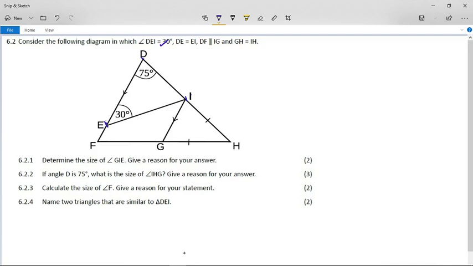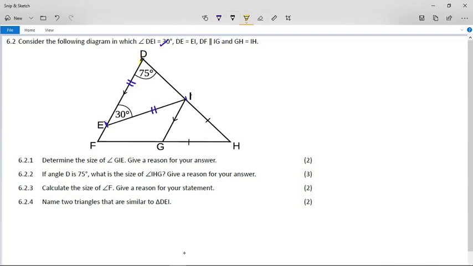So now nowhere here is it marked that these two are the same length. So it helps to make your little markings here to say, okay, I know these two are the same length. And now can you see here, let's put the highlighter pen on.